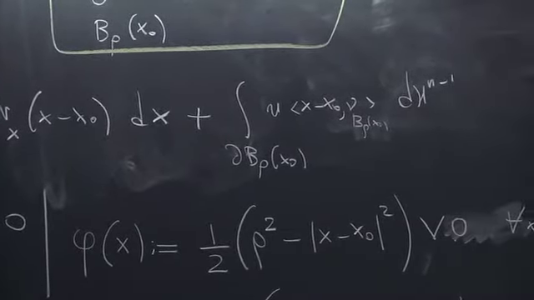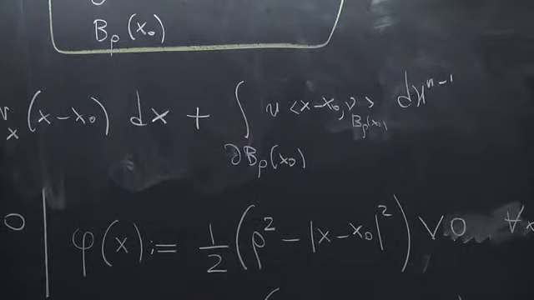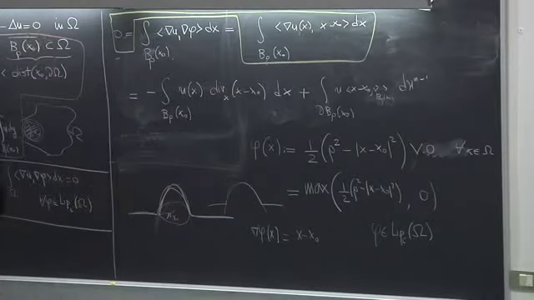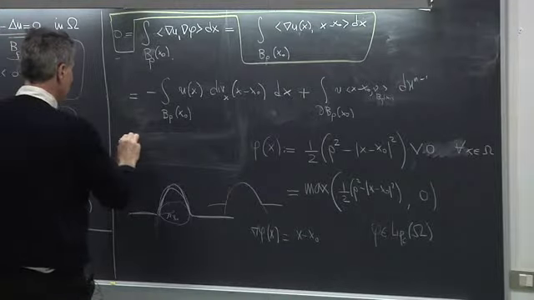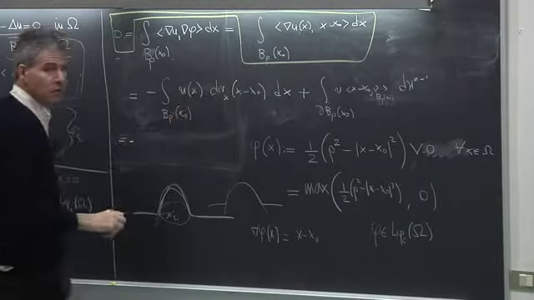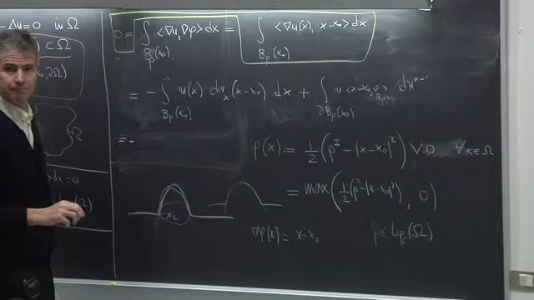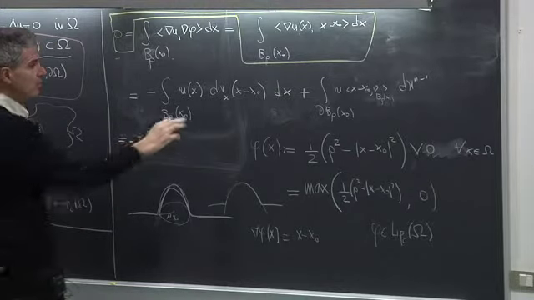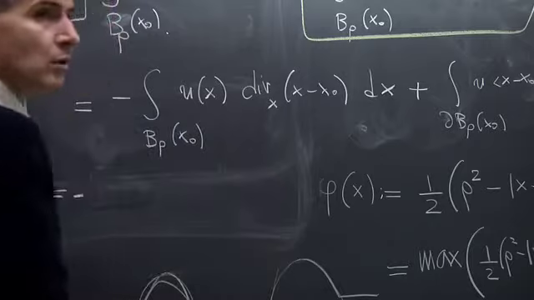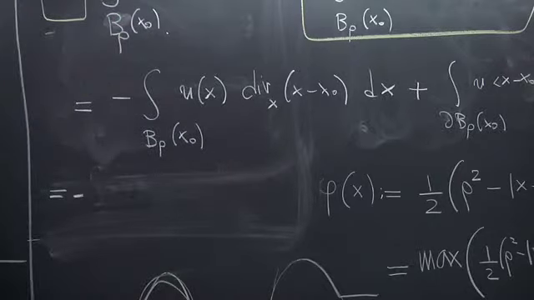Now let me compute the divergence of that vector field. Do you know what is the divergence of this vector field here? It is equal to minus the divergence of the vector field x minus x naught, the identity, essentially.